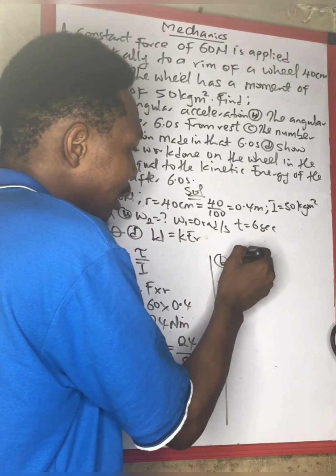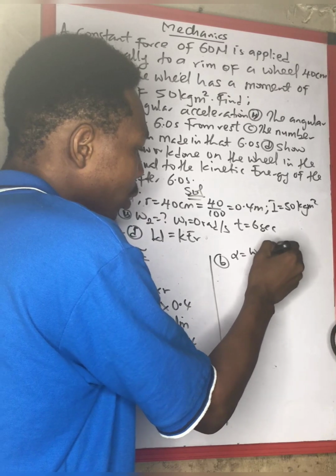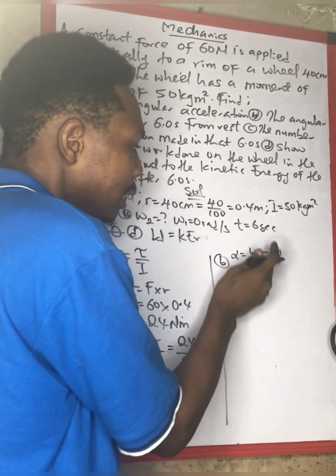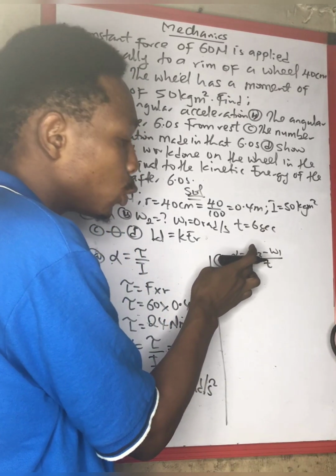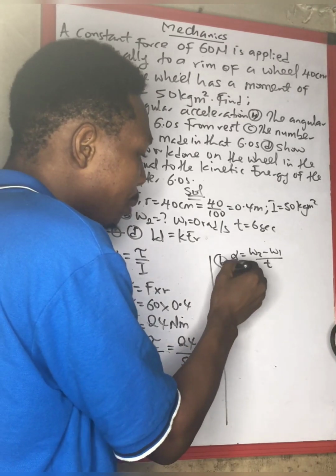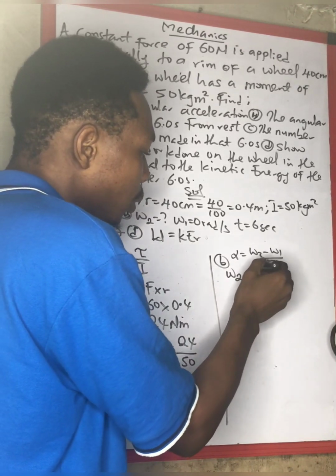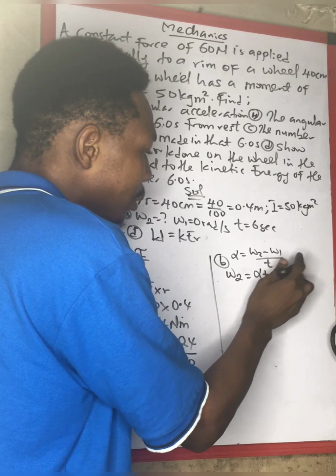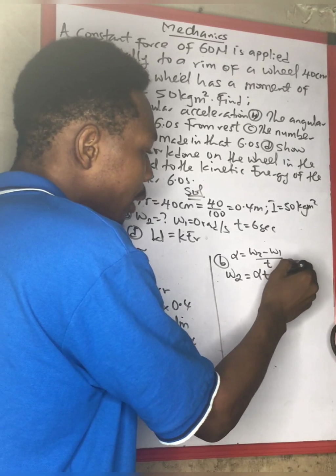From alpha equals W2 minus W1 all over T. Now if you cross multiply, making omega 2 the subject of the formula, you are going to have omega 2 equals alpha T plus W1.